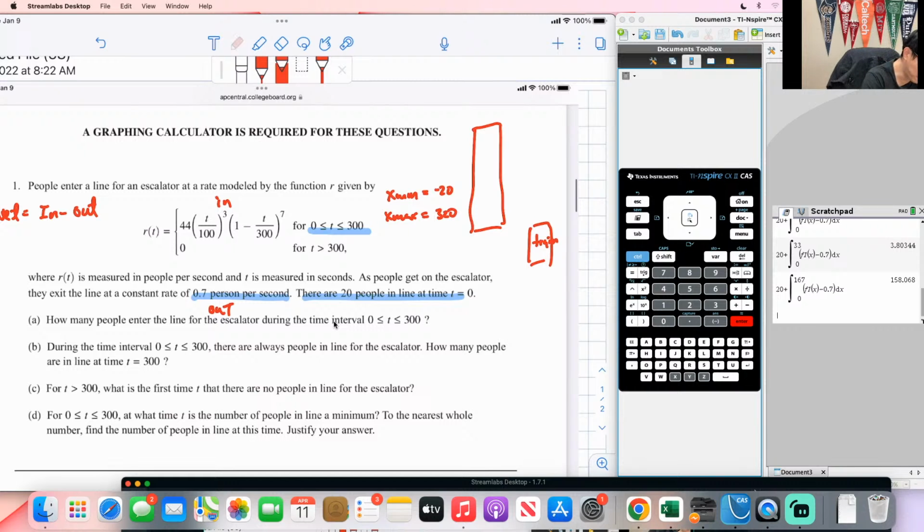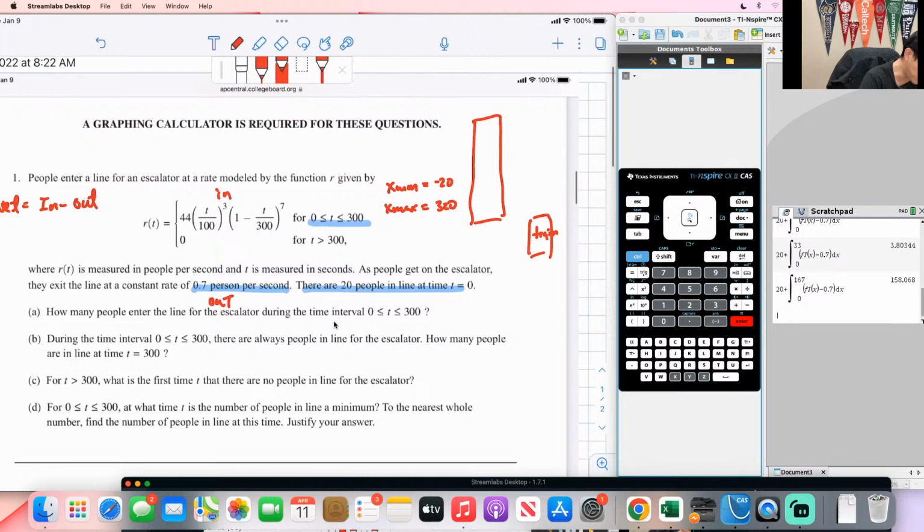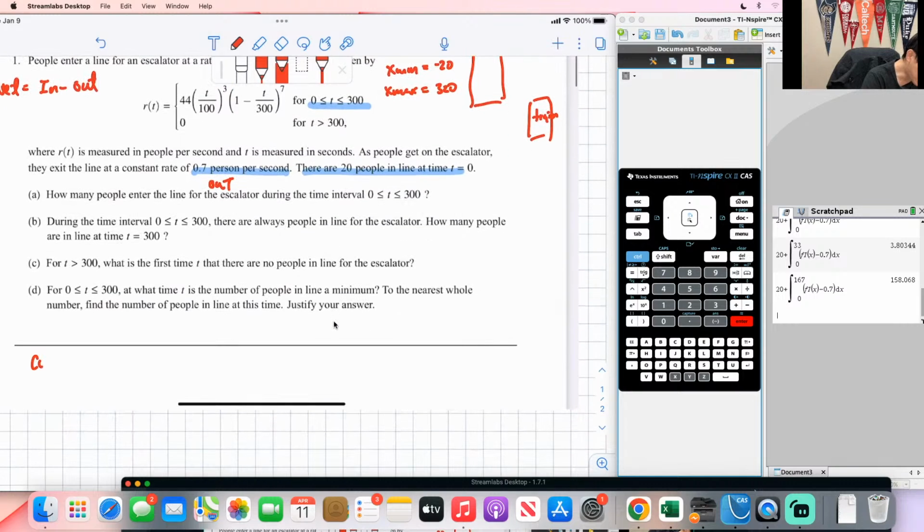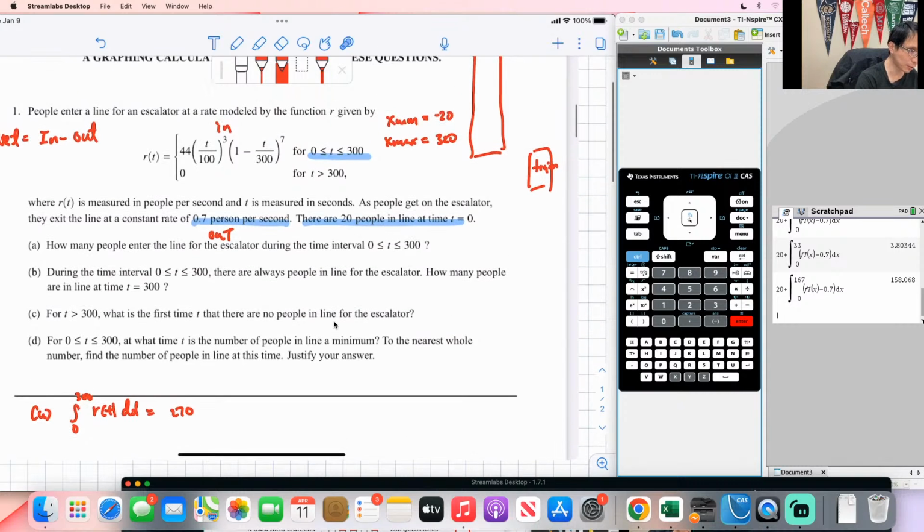For the first three parts, it's really fast. A is the integration from 0 to 300 of R(t) dt. First, you cannot just write down 270 and expect to get credit. You have to write down this integral and then equal to 270. Second, some students asked me if they have to write the whole thing out.